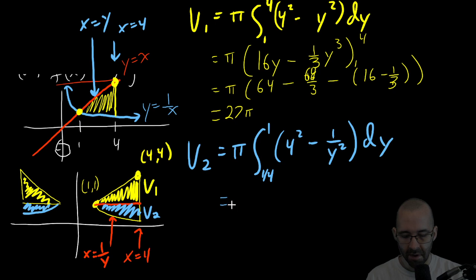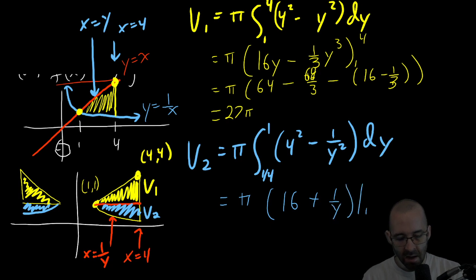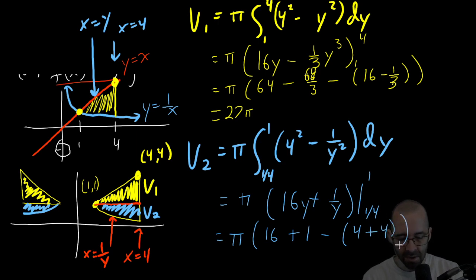And on the bottom, you can do the same thing. The antiderivative is going to be 16y, rather, plus 1 over y, evaluated from 1/4 up to 1. When you do that, you're going to get 16 plus 1 minus 1/4 of 16 is 4, plus 4. All right, surely I can do this one in my head. That's 17 minus 8 is 9.